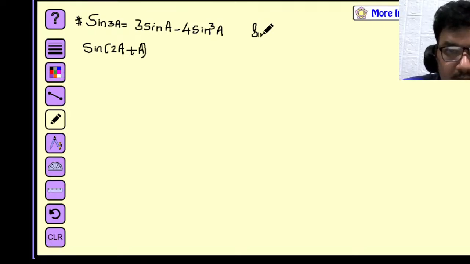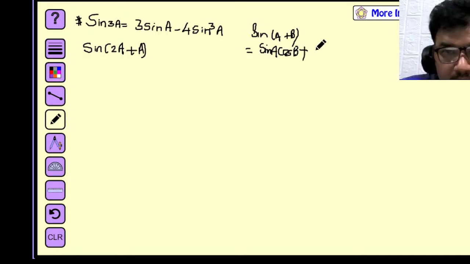Sine compound angle, it is given that A plus B. If there is given sin A plus B, then what will be its formula? There will be here like this: sin A cos B plus cos A sin B. This is the formula of compound angles.